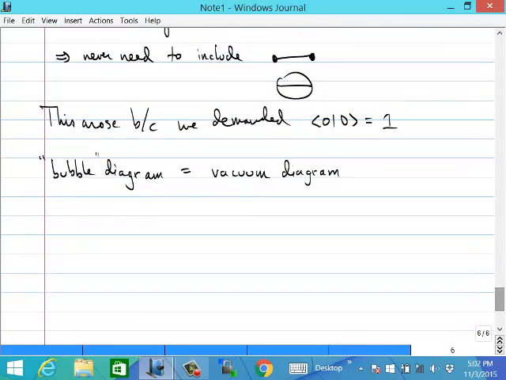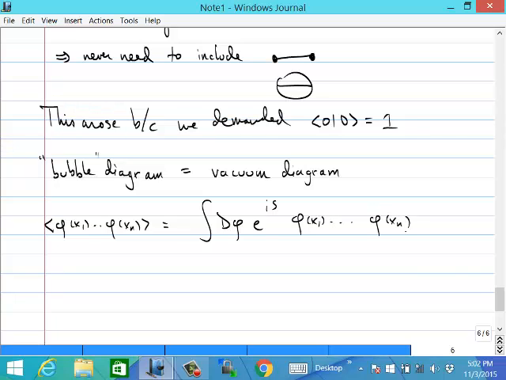remember that this is a path integral where you insert a bunch of observables. But if you do that, remember that you're not guaranteed to get, so what you want to demand is that if you didn't have any phi's inserted there, you would just get 1, right?